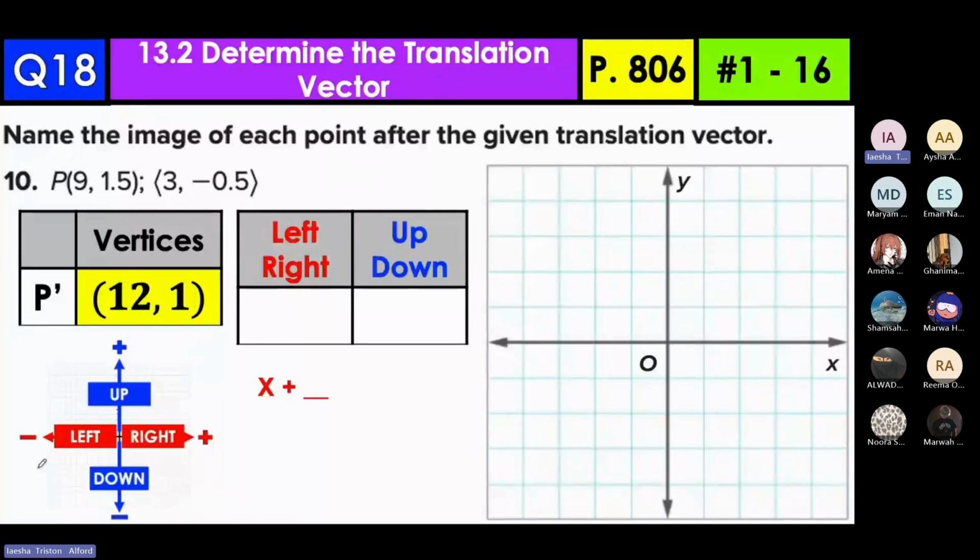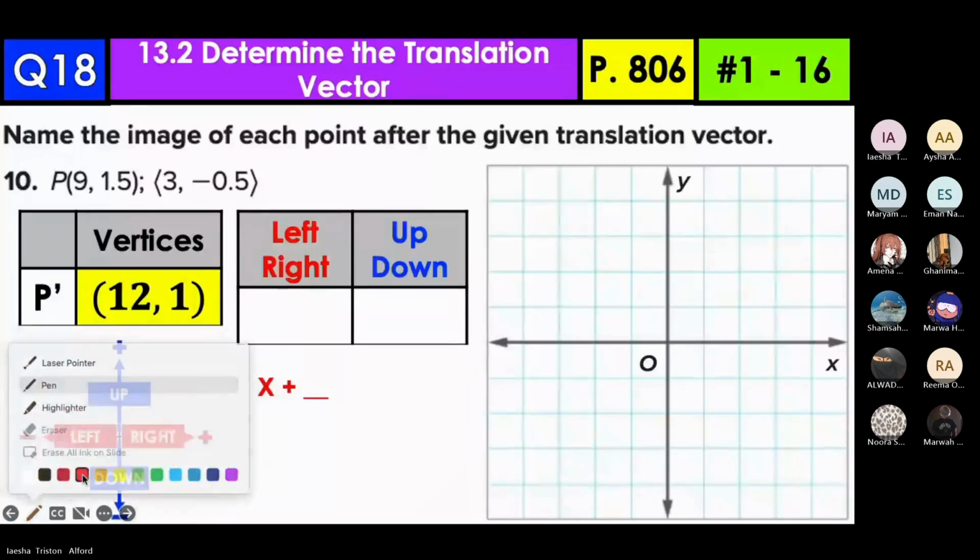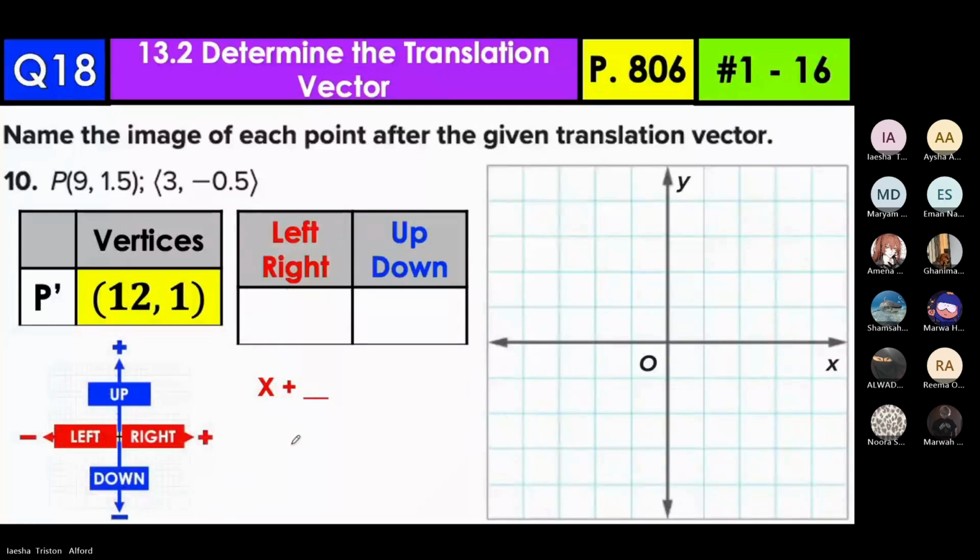X plus what? +3. Yeah, so x plus 3. And the y is going to be plus what? Negative 0.5. So then this is going to be the y plus negative 0.5.